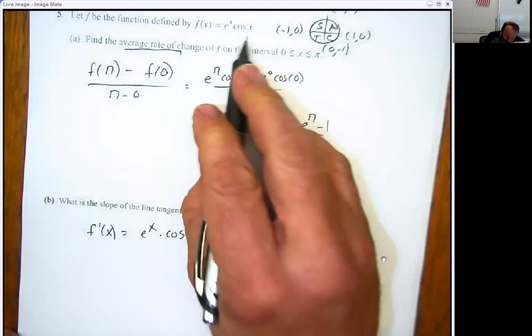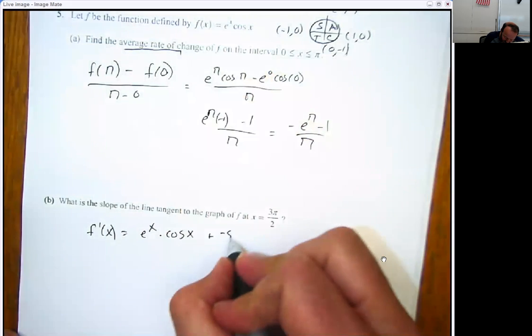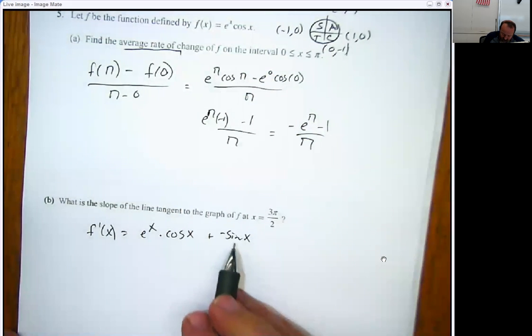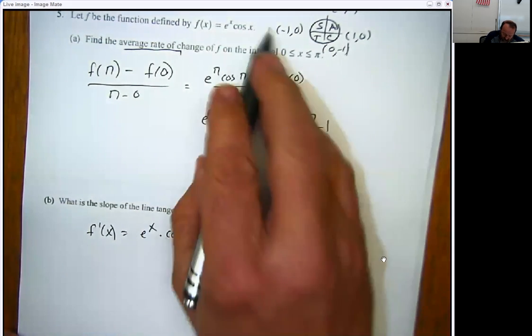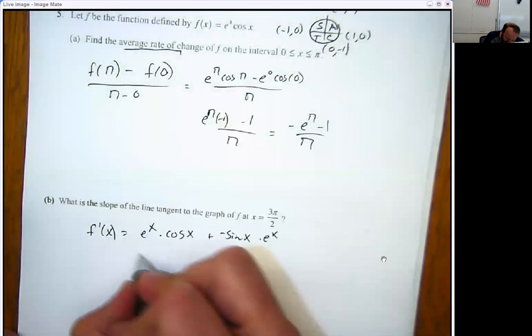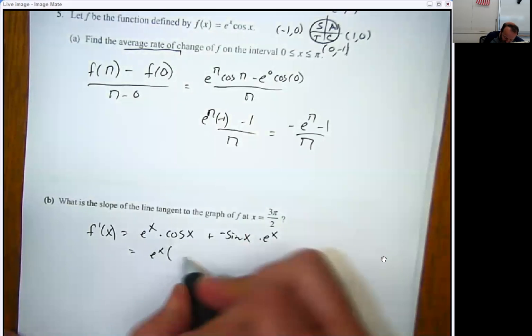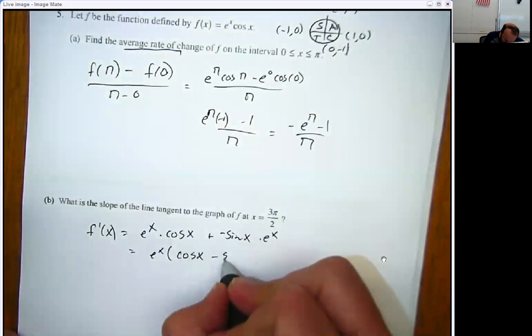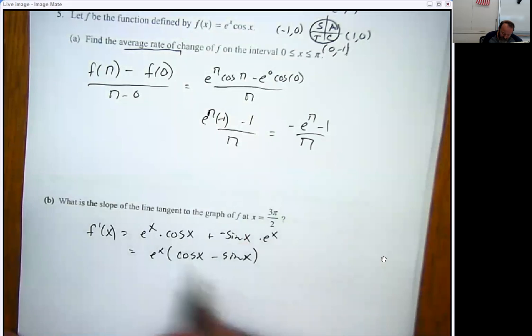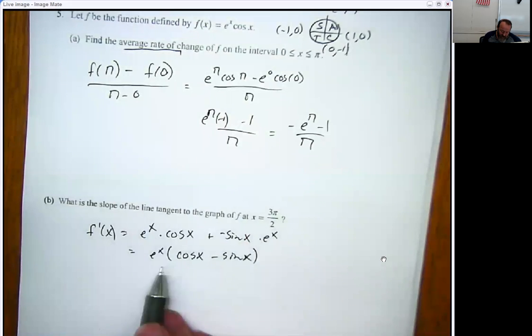What's the derivative of the cosine? It's the negative sine. That's the one we sometimes forget was negative, times the first, which is e to the x. It might be easier if we wrote this as e to the x times cosine x minus sine x.